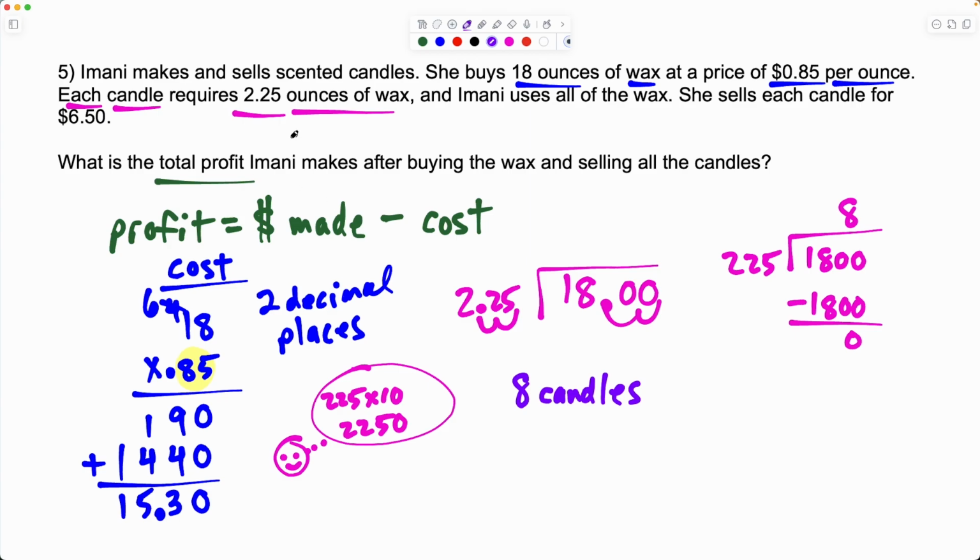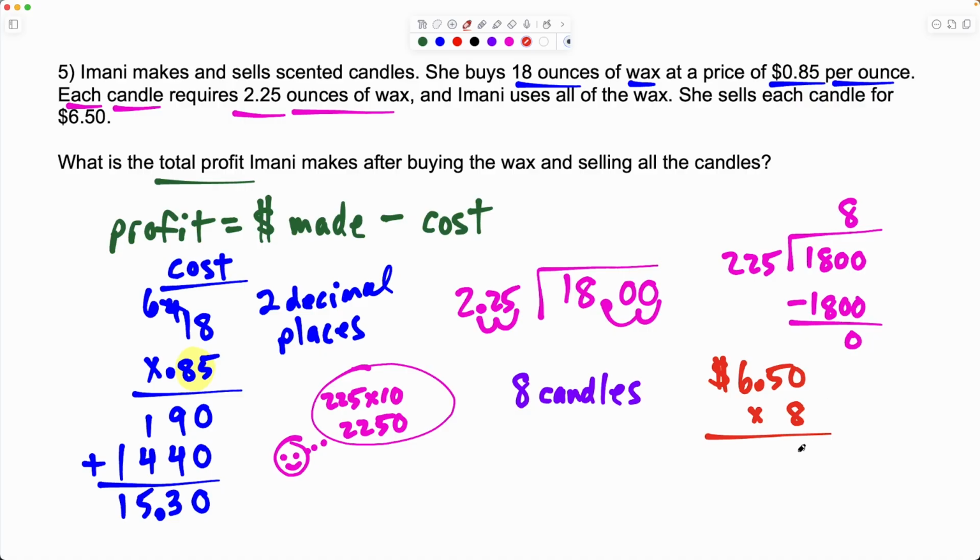Now, they tell us that she sells each candle for $6.50. So the last bit of math we're going to do is take $6.50 and multiply by 8. This is the last bit of math we need to find out how much Imani will make. We already know it's going to cost her $15.30, but we want to see how much money she'll actually make from the candles.